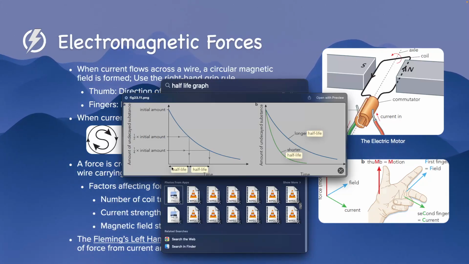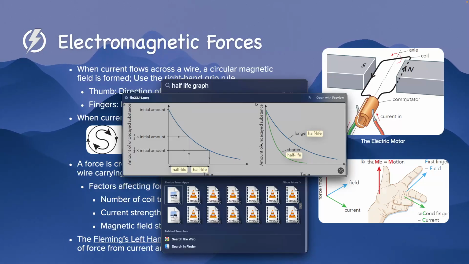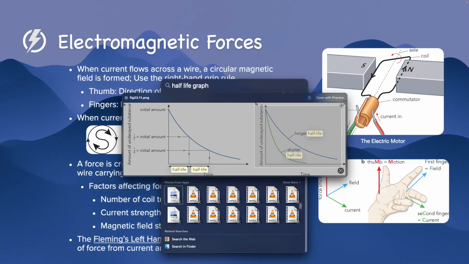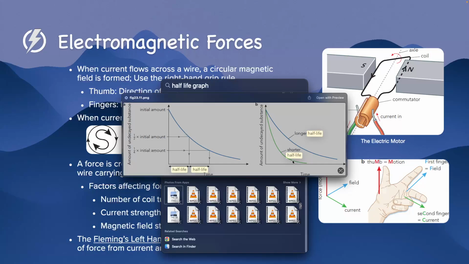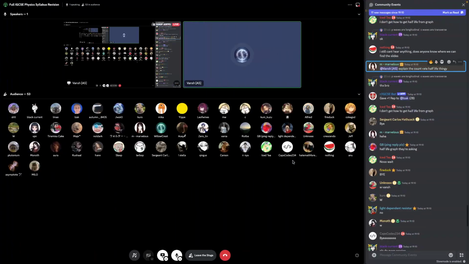So after one half-life has passed, the count rate or amount of radiation decreases by 2. And after another half-life, it halves and halves and halves again. You can see the difference in graph as the half-life decreases. The graph becomes steeper and less wide. This is, by the way, the graph of count rate that I was talking about.